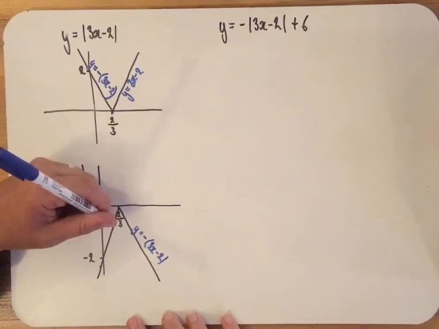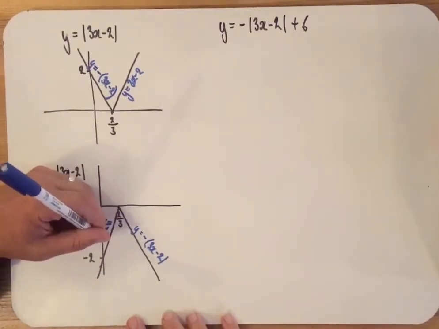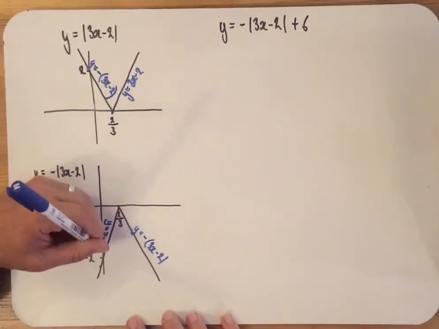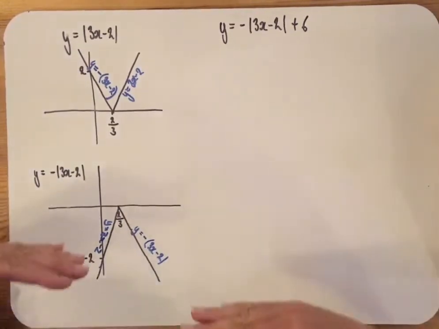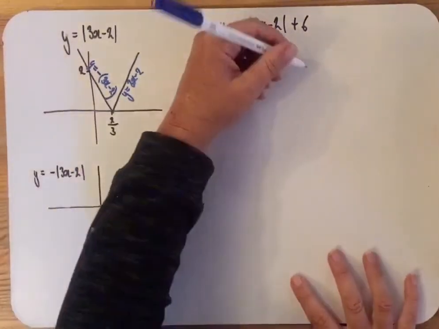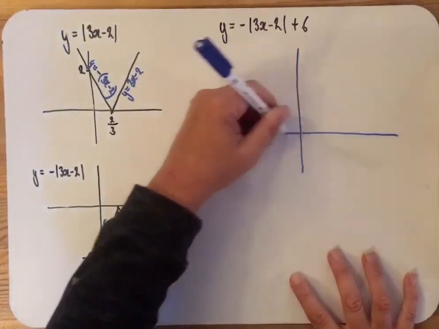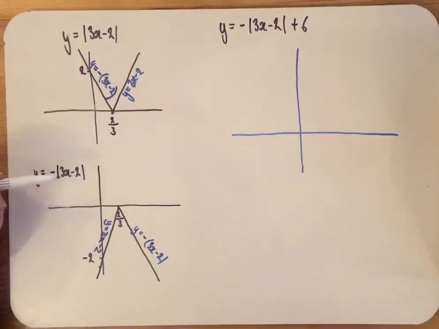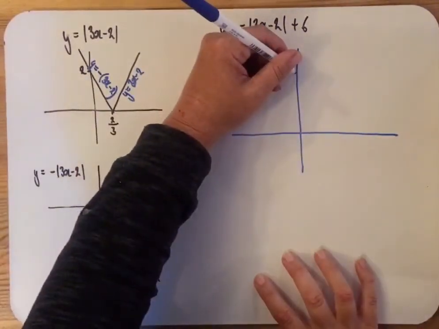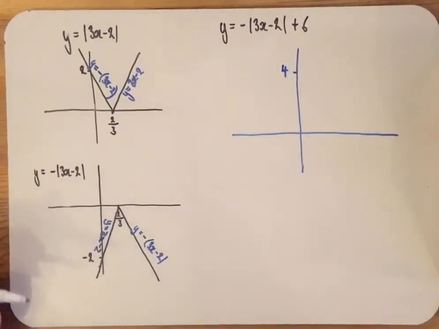So this one here is y equals 3x minus 2 for the equation of that line segment. And then adding 6 moves you up by 6. So this y-axis intercept is going to go from minus 2 up to 4. The steepness is still going to be the same.